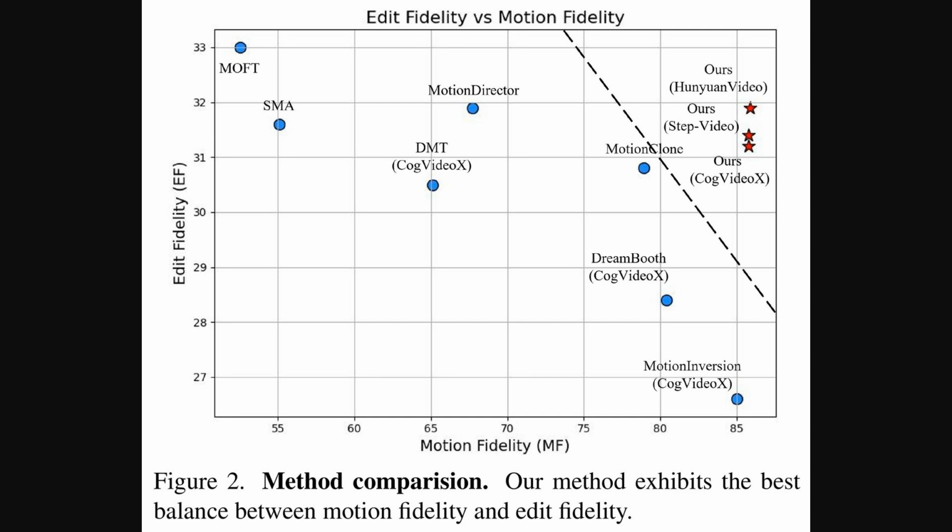And motion fidelity is about how accurately the original motion is copied. Ideally, you want to be in the top right corner of this graph, high on both. And you can see their method, labeled ours and marked with red stars, is right up there, indicating it strikes a really good balance between these two, outperforming other methods.